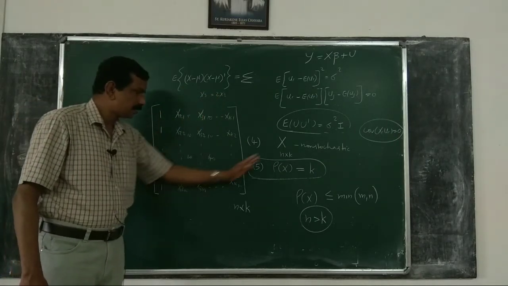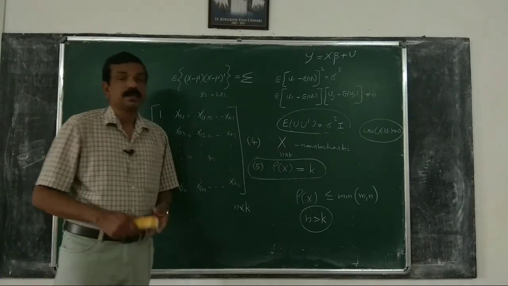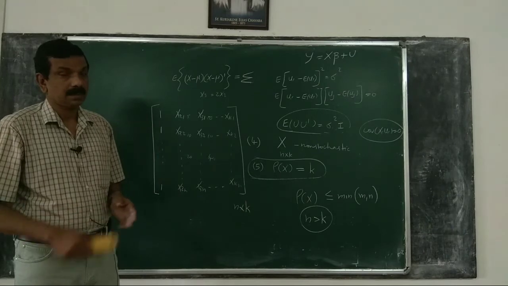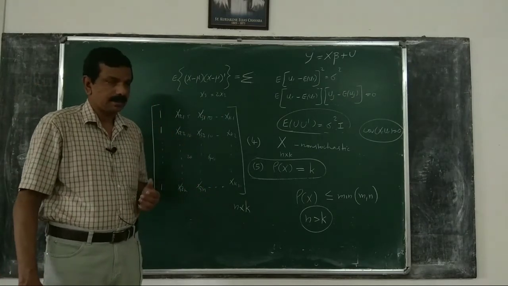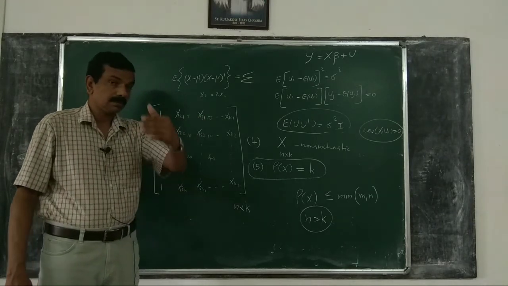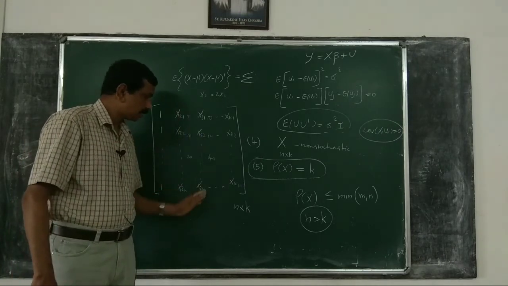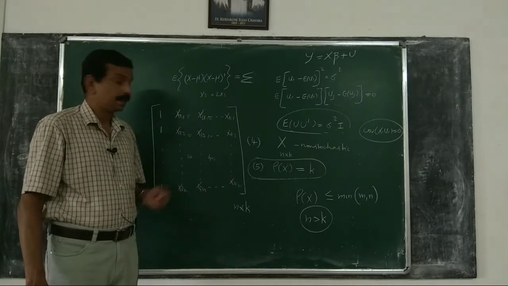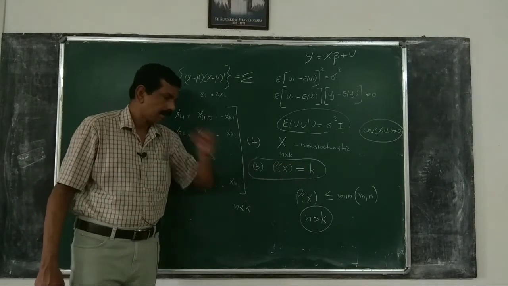So, the implication of this assumption is that there should be no multicollinearity. If there is no multicollinearity between explanatory variables, each column, representing one variable, will be linearly independent. And we define column rank, not row rank.